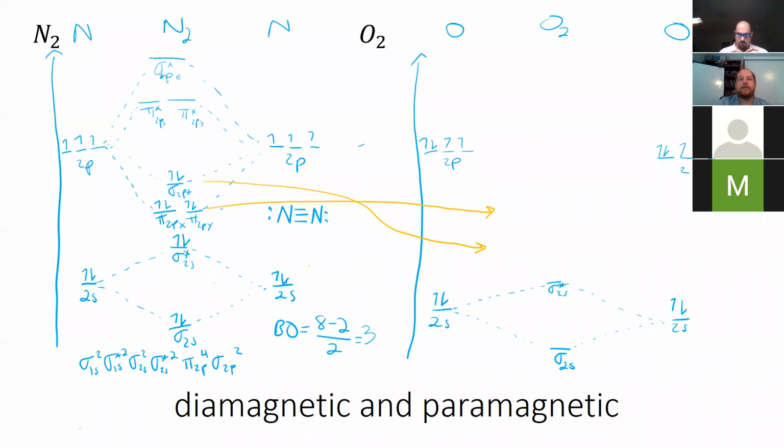And so they flip. And there's a reason that they flip, and I'll talk about that in a minute. But the ordering switches. So now the next orbital that you should have is the sigma 2pz, followed by the pair of pi 2px and pi 2py orbitals.